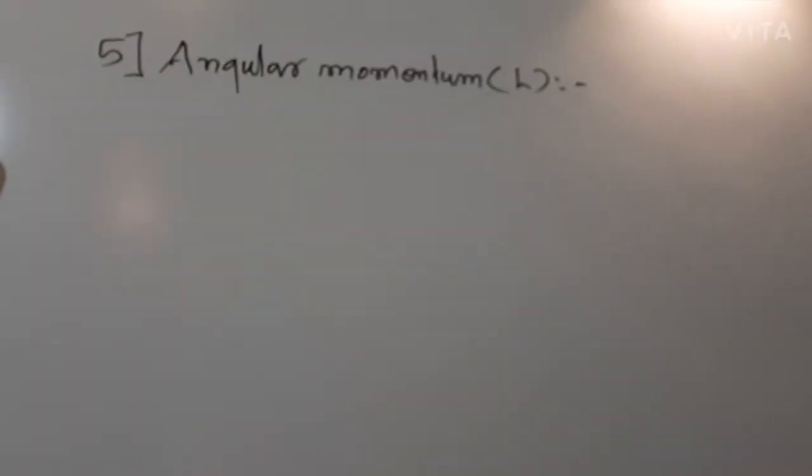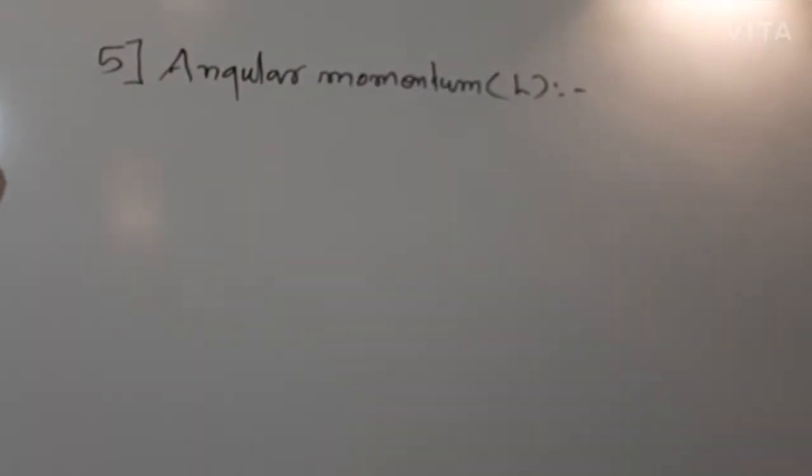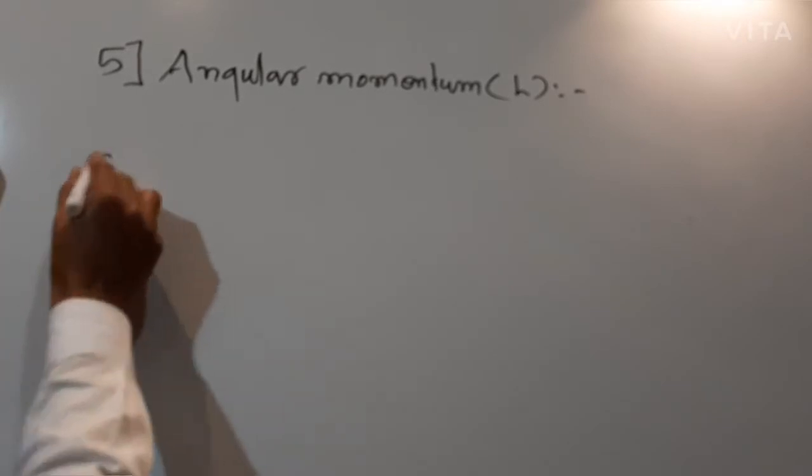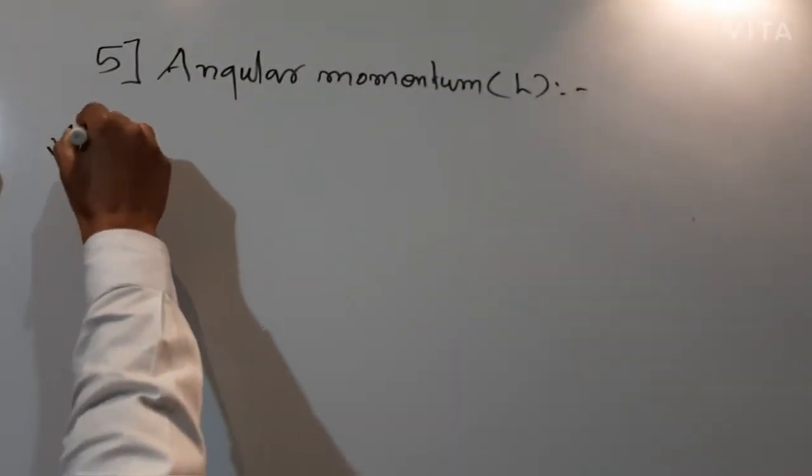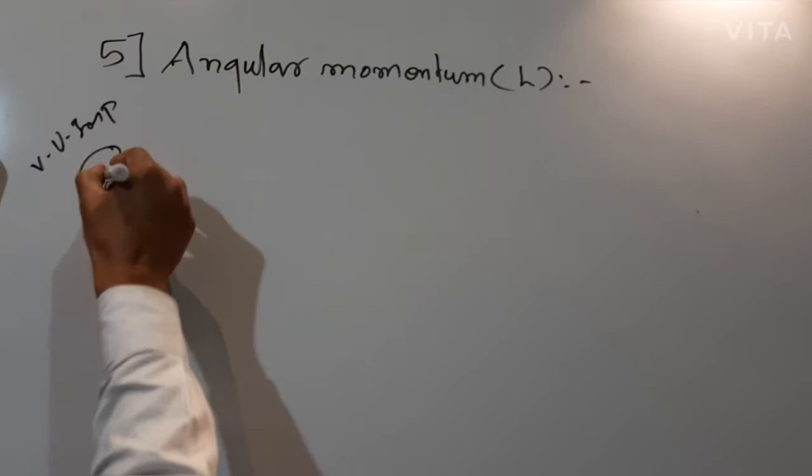And a question that will be asked on this point is, derive an expression for the angular momentum. So write down this question and denote it as a VVIMP question.